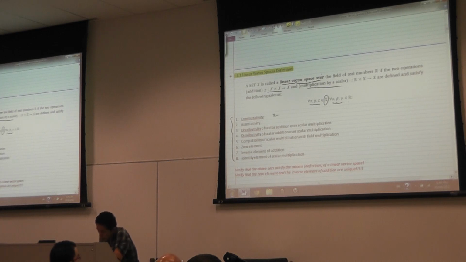If I add x plus y, it's the same as adding y plus x. If I add x plus y first and then add z to the result, it's equivalent to adding x plus the result of adding y plus z first.